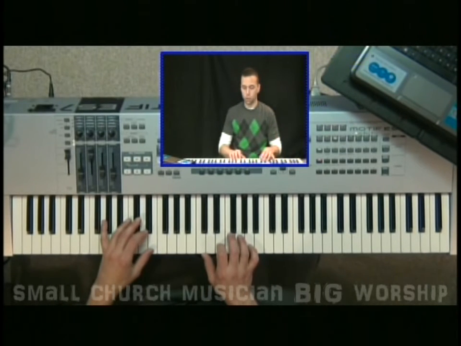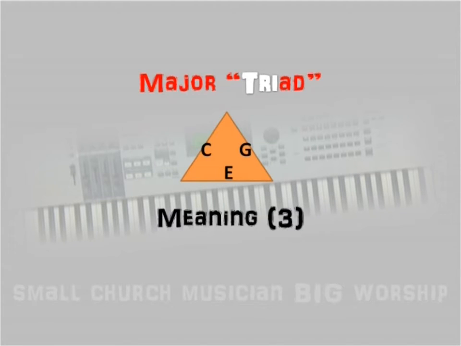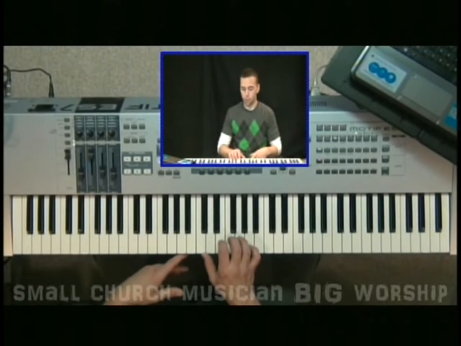Right now we're using a major chord, so it's considered a major triad, and triad is the example of basically a triangle having three sides. So therein lies your definition.